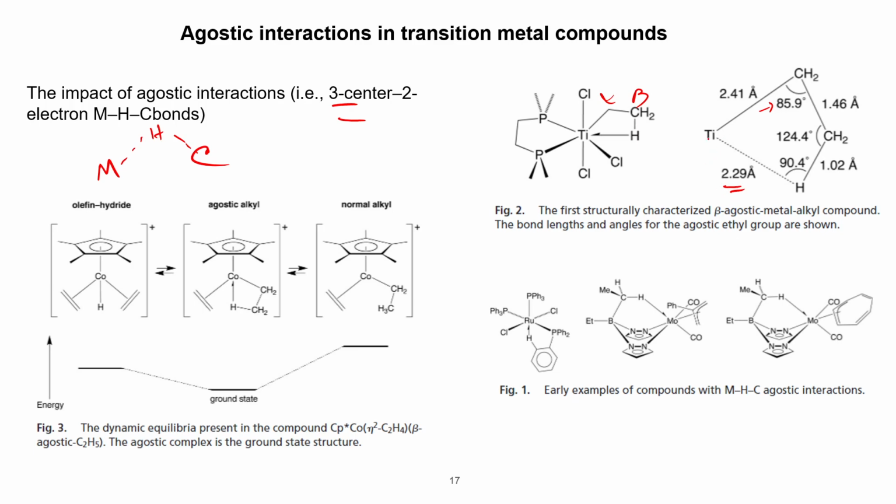Now let's see this particular titanium or any metal: if it has more electrons and that is donated to the sigma star of this carbon hydrogen, then this particular bond can be cleaved and you can end up with this alpha hydride elimination or beta hydride elimination that we are seeing.